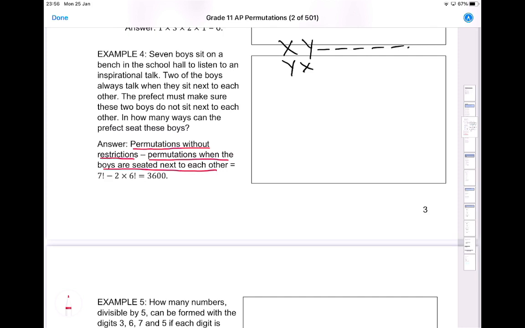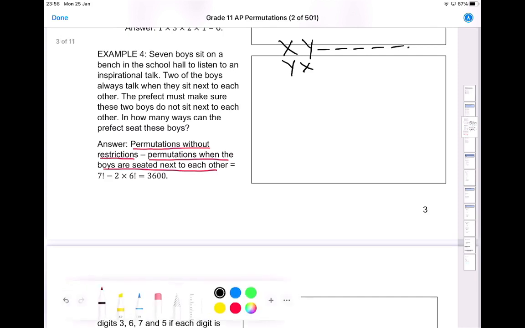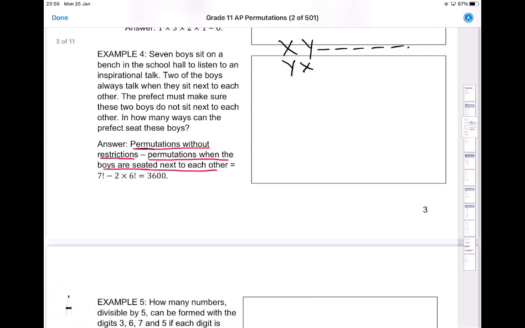I want to show you how you do that very quickly. First of all, in how many different ways can we arrange these boys? Suppose there was no restriction. There are 7 boys, so it's 1, 2, 3, 4, 5, 6, 7.